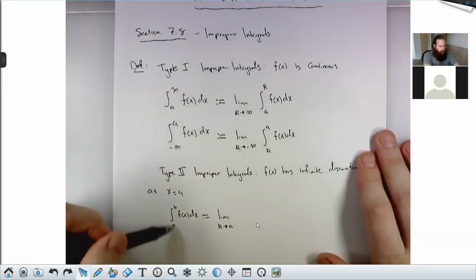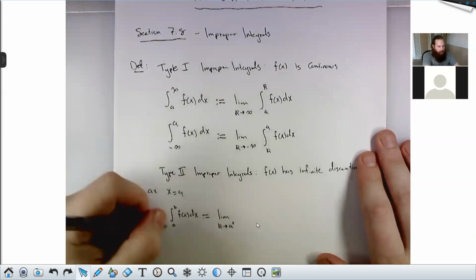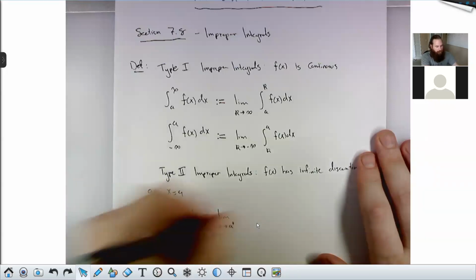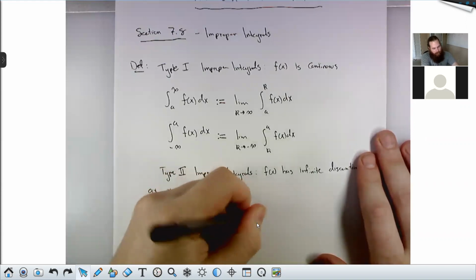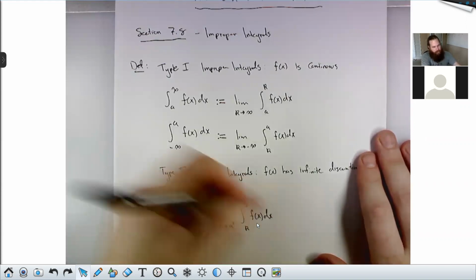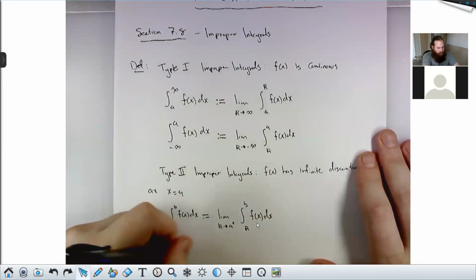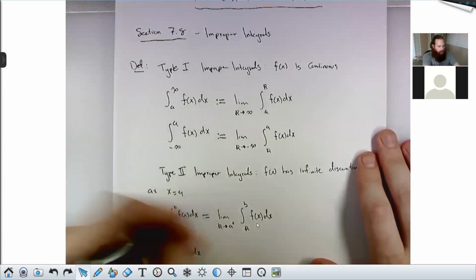Because I have this infinite discontinuity at my lower bound, I want to sneak up on that infinite discontinuity while staying within the interval a, b. So I take the limit as r goes to this place where I've got a problem from the right, of the integral from r to b of f of x dx. Or I could have an integral from b to a of f of x dx, where again I have an infinite discontinuity at a.